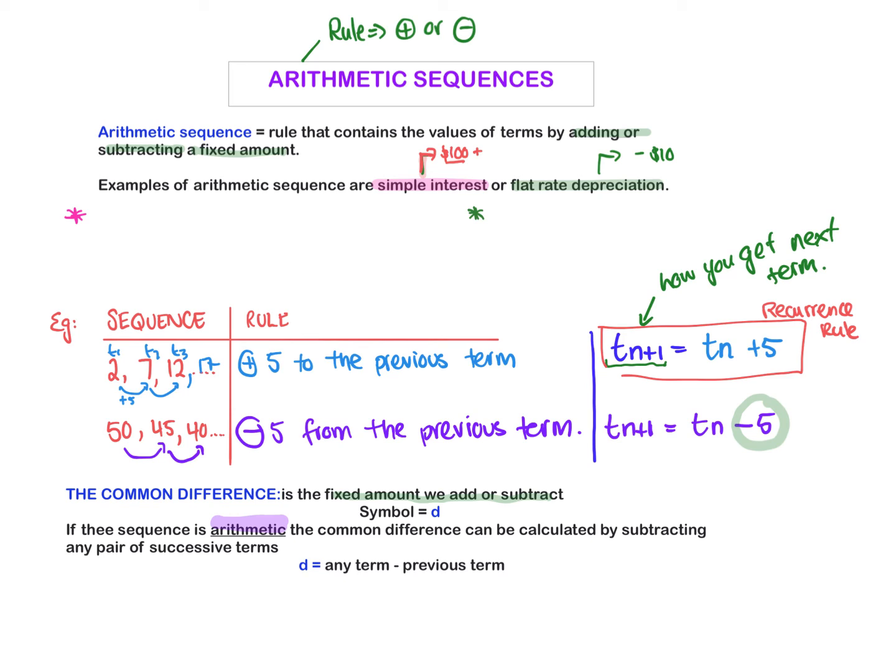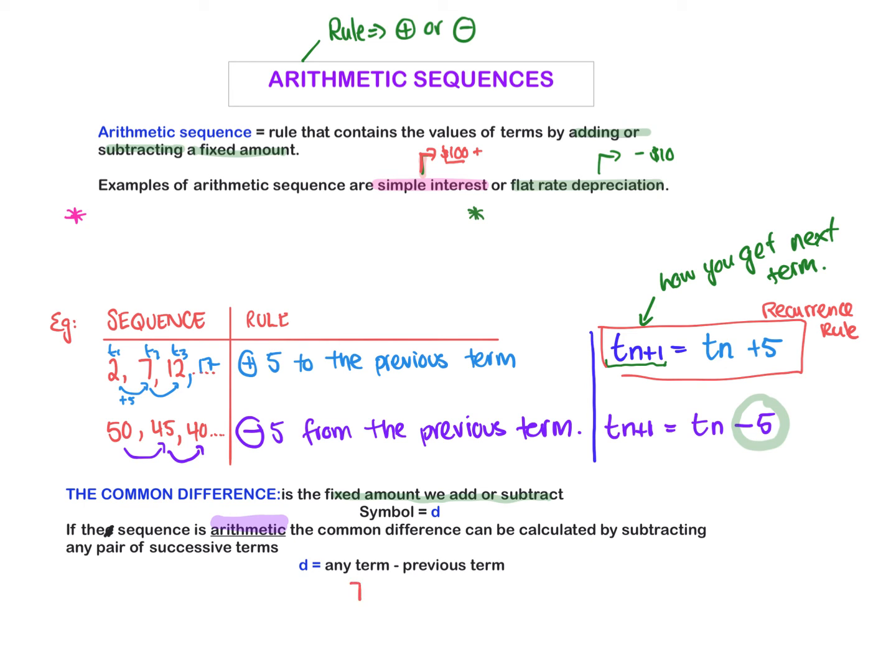If the sequence, sorry, a bit of a typo there. If the sequence is arithmetic, the common difference can be calculated by subtracting any pair of successive terms. What successive terms means is two that are in a row. So say up here on our little example, I might use any term.